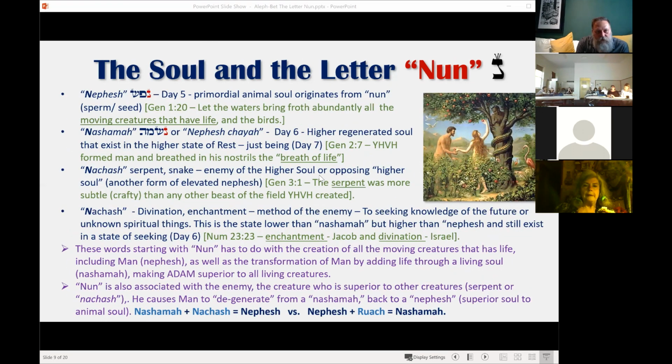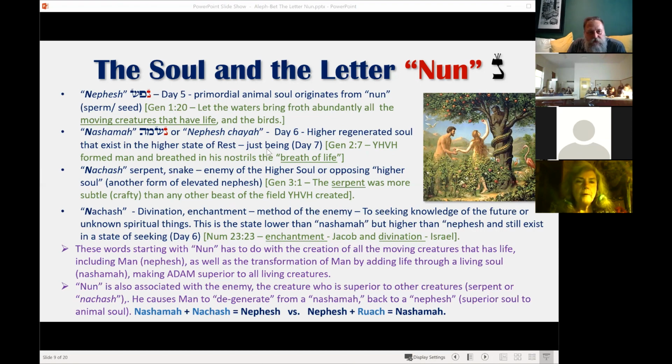The next 4 words are very interesting. They are connected to the creation of Adam, or man. Now, the first one is nefesh, which is nun pe samech, and that is described in the context of Genesis 1 verse 20, which is day 5, where he created all the animal souls, and they all originate from a nun, which is a sperm or a seed.